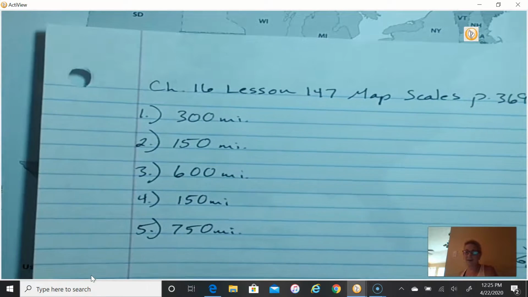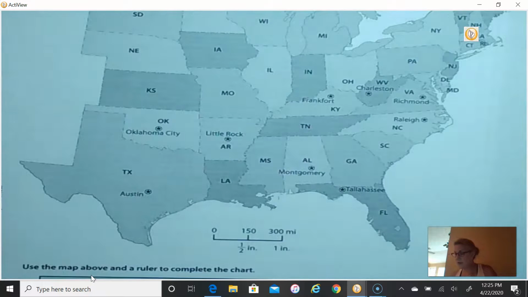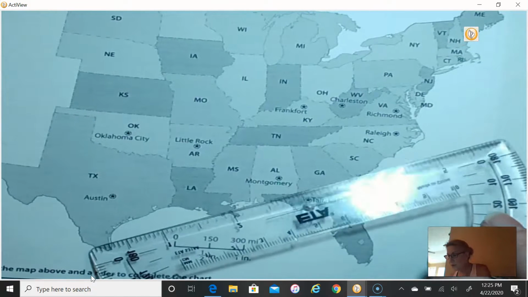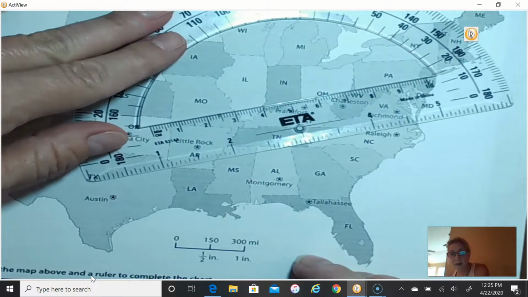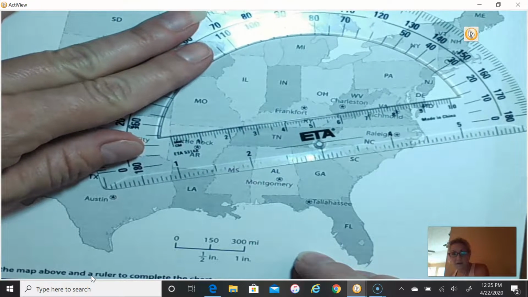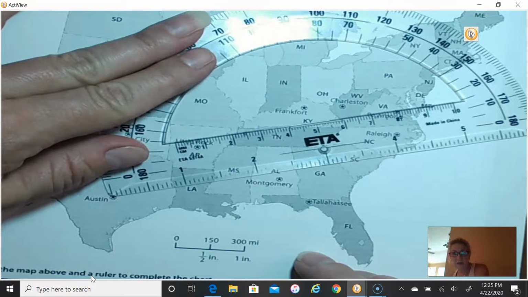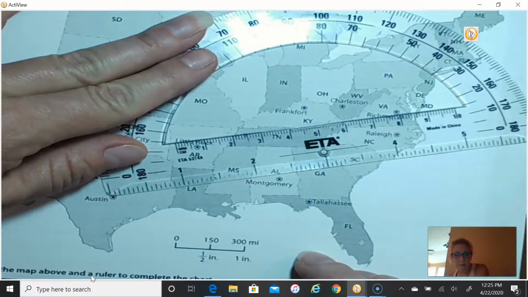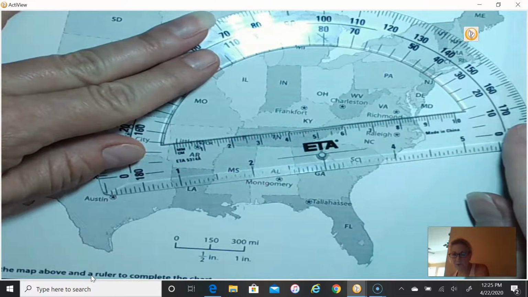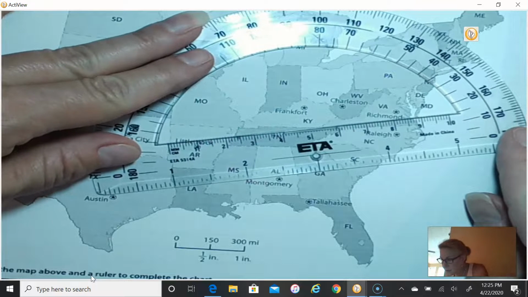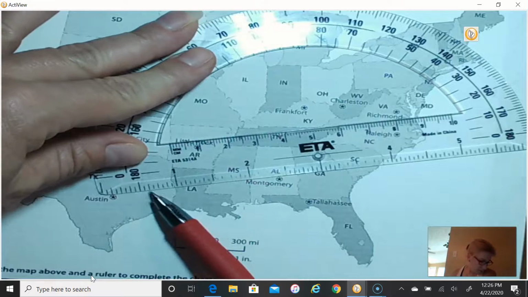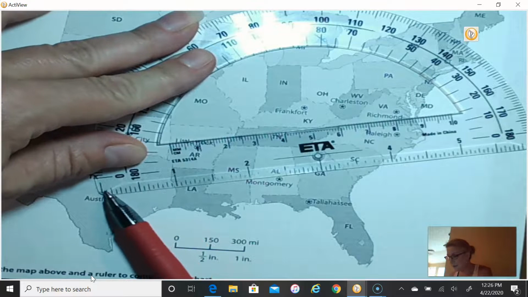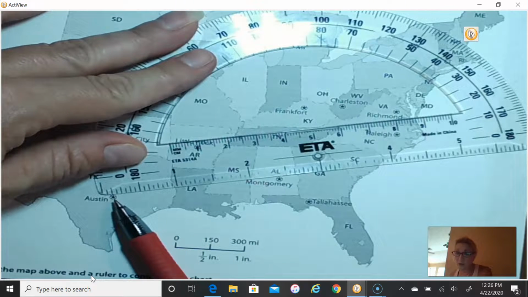Of course, the last one's going to be the hardest. Let's look at that using a ruler. Remember, every inch is 300 miles. So if I were to just do this, this is terrible. You know what? It's because it's a stupid protractor. All right, so this right here is about, if you had a normal ruler, it would work.